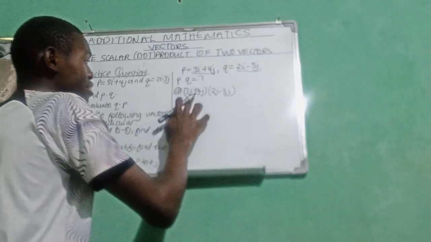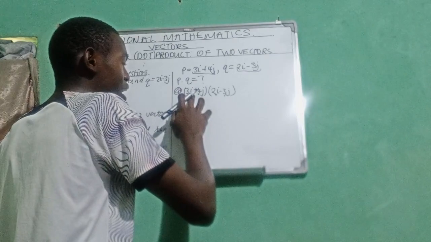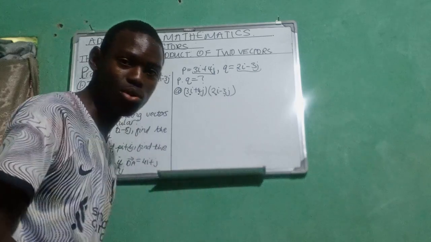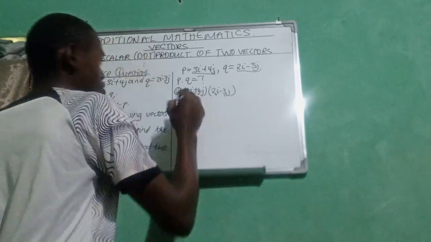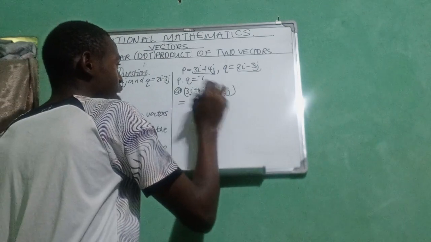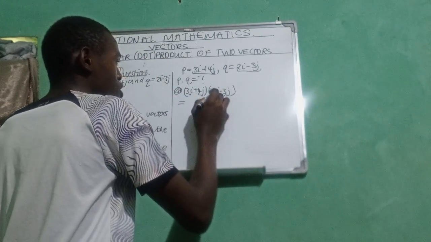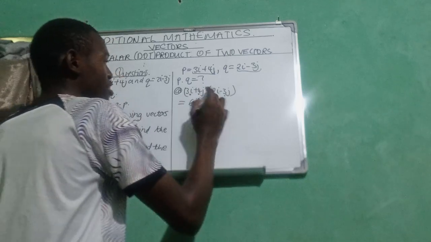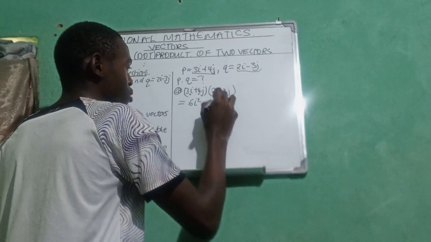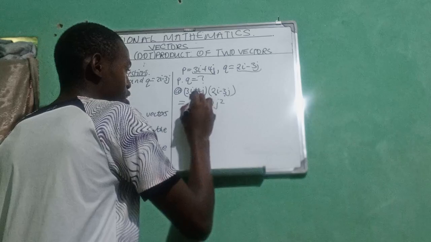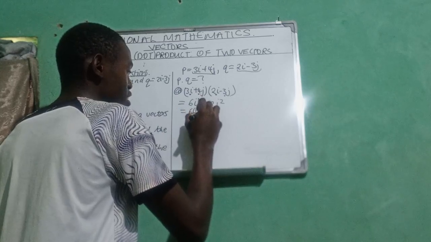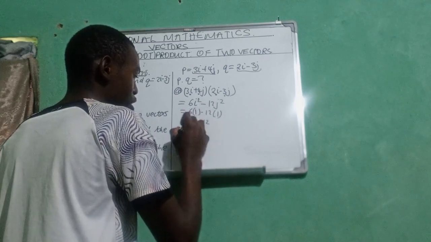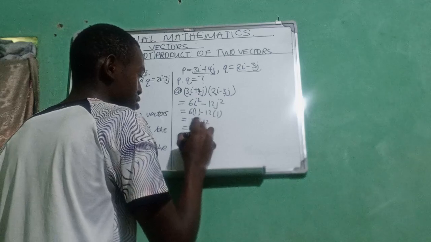Now if you multiply 3i by negative 3j, it will give you 0 because i times j is 0. So this will be equal to 3i multiplied by 2i is 6i squared. And then here we're going to have minus 12j squared. This is the same as 1, then minus 12, same as 1. This is 6 minus 12 equal to negative 6.